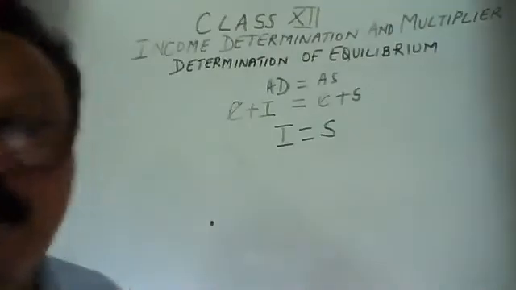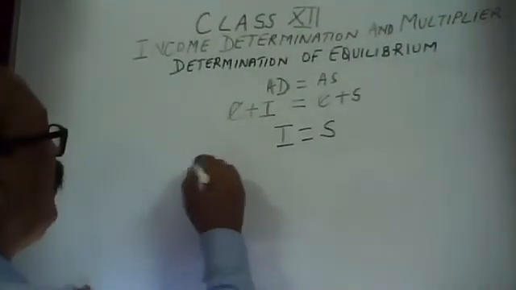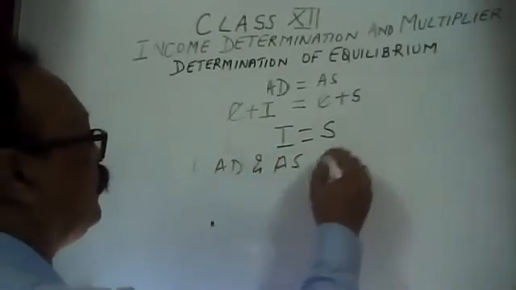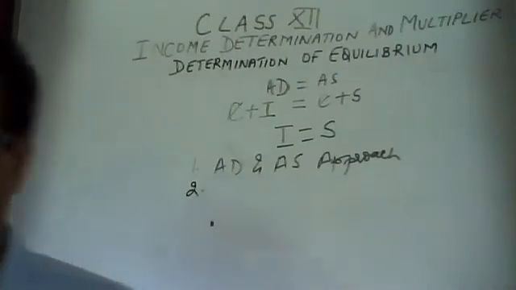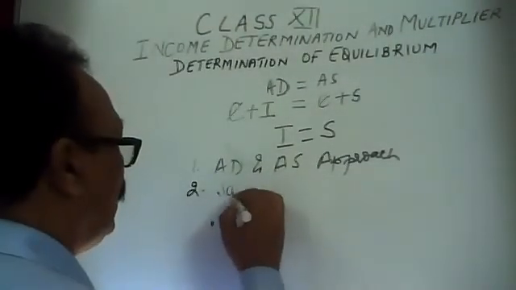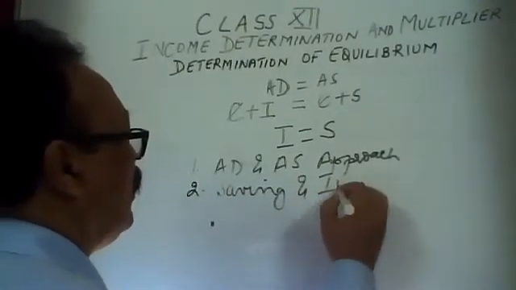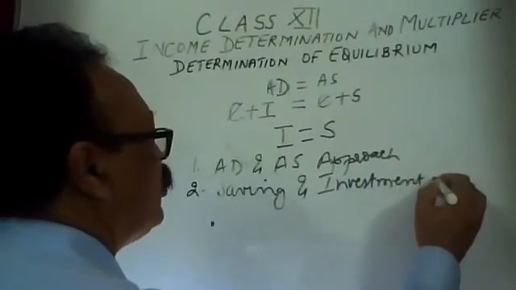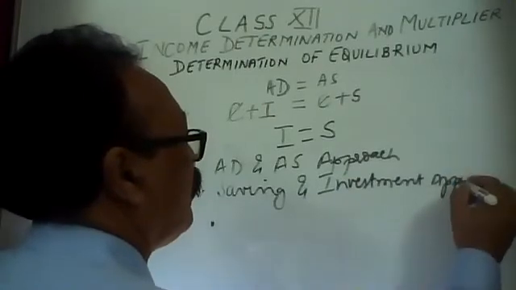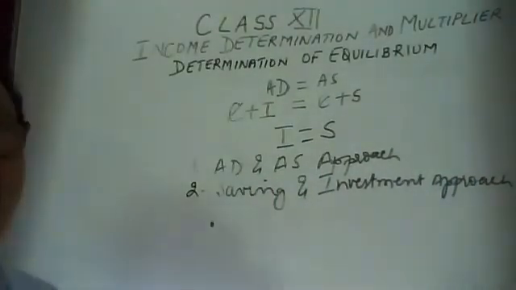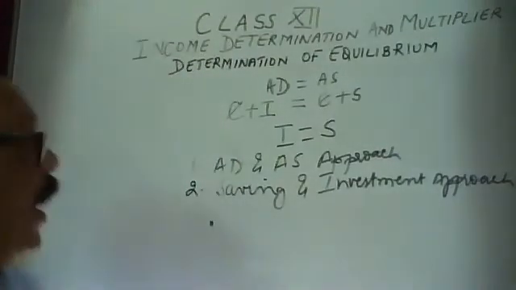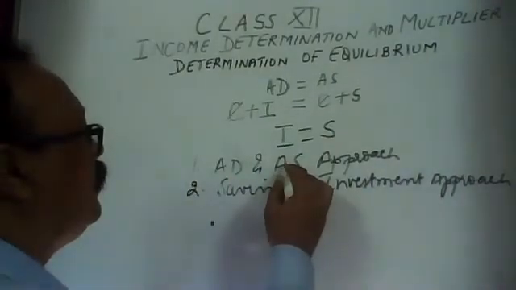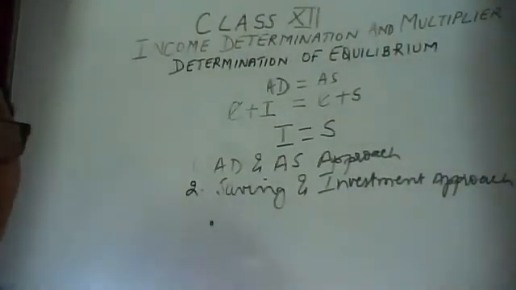The first is the aggregate demand and aggregate supply approach, AD and AS approach, and the second would be the saving and investment approach. Let us do the first one, the AD and AS approach.